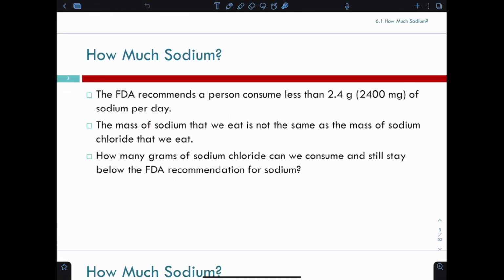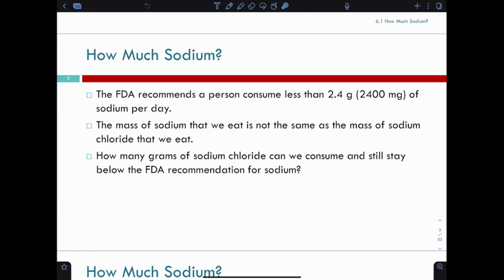The FDA, which I believe is the Food and Drug Administration, recommends a person consume less than 2.4 grams, or 2,400 milligrams, of sodium per day. Most food labels list it in milligrams, not grams, although something like a cup of noodles could probably be listed in grams. The mass of sodium that we eat, however, is not the same as the mass of sodium chloride that we eat.